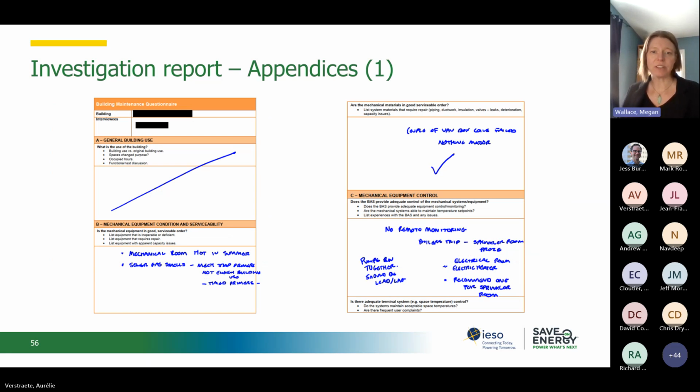In your appendices, you might want to include the notes that were made when interviewing. This is the questionnaire for the building maintenance. This was included as an appendix in one of our reports with the notes, everything that was discussed.